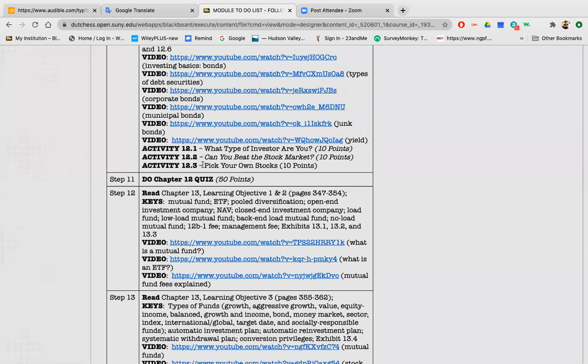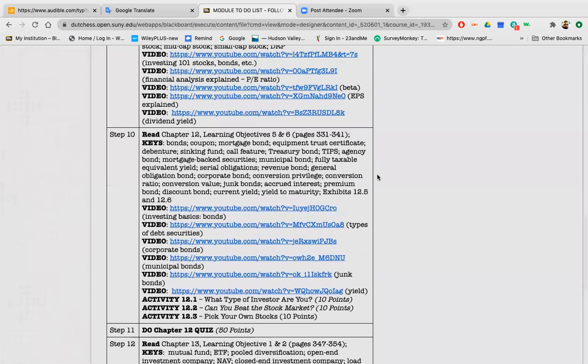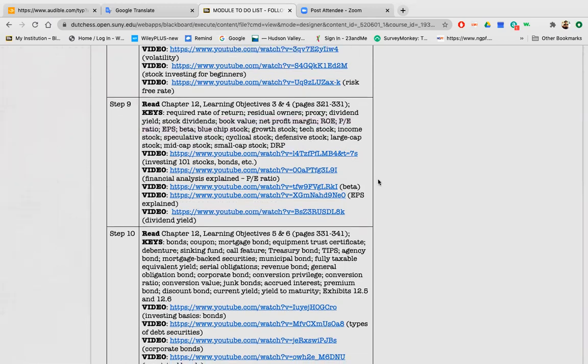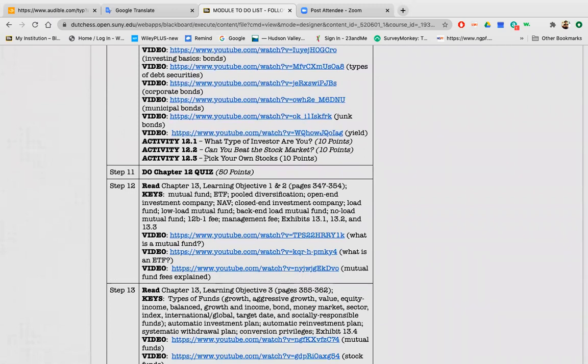The last activity is about picking your own stocks. This is where some of those very interesting things like book value, PE ratio, beta, and other issues that you learned about in chapter 12 are going to come into play in this simulation.